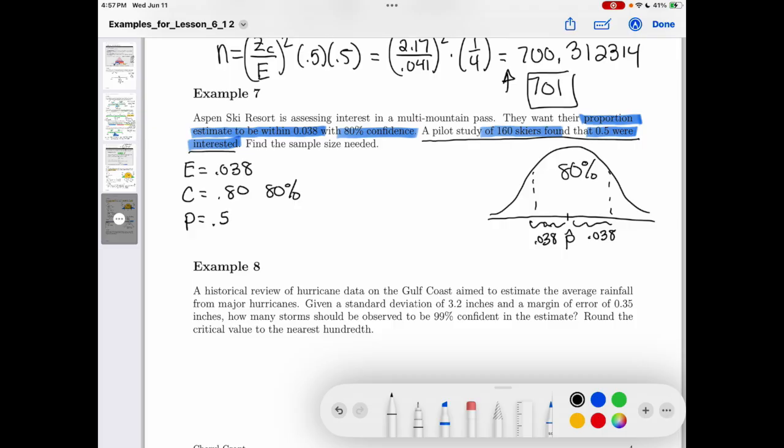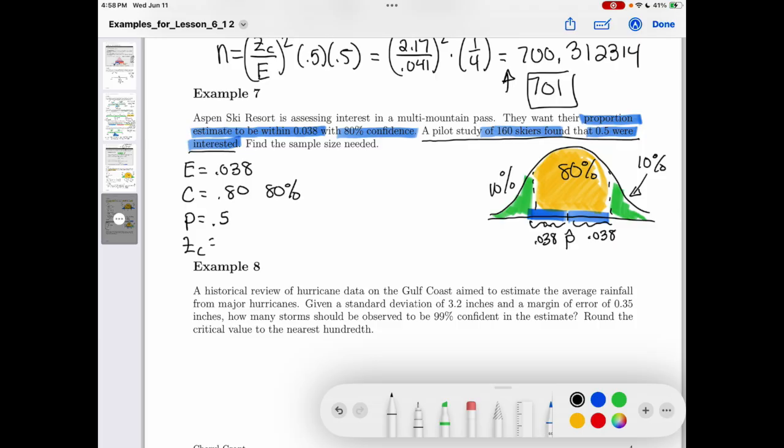We need to find our z critical. So we need to figure out how many standard deviations we come out if we want 80% in the middle, which means there's going to be 10% in each wing. There's 20% left over, but when we split it between the two wings, there's 10% in each wing.